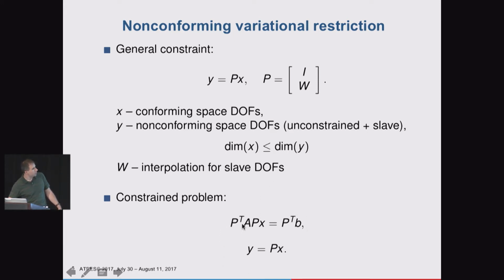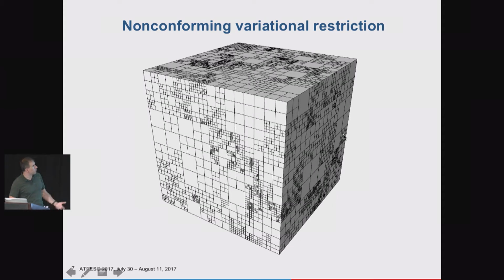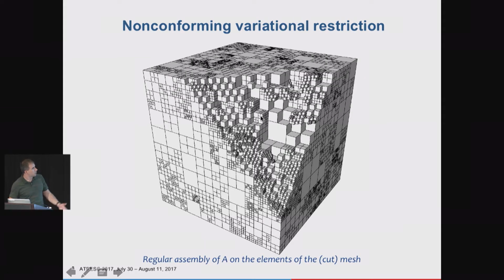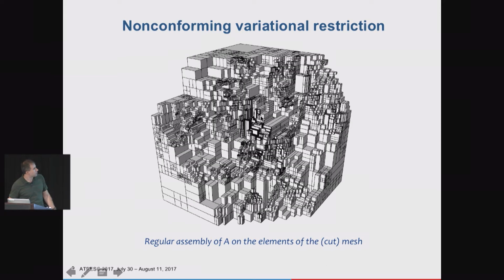You assemble element by element to the regular element stiffness matrix, and then you combine them together with this interpolation matrix P for variational restriction. And then you recover the solution. Just to give you an idea, if you have a randomly refined mesh that's pretty nasty inside, you just assemble element by element, just as you usually do, any bilinear form you want.